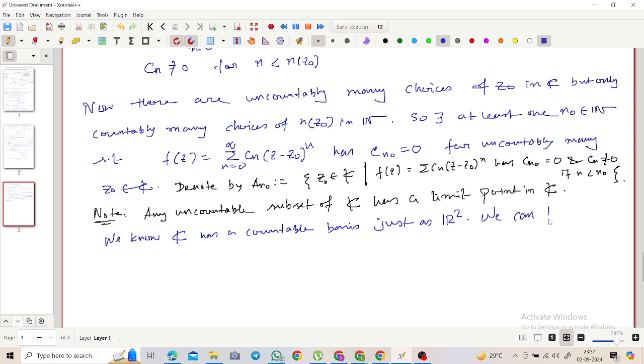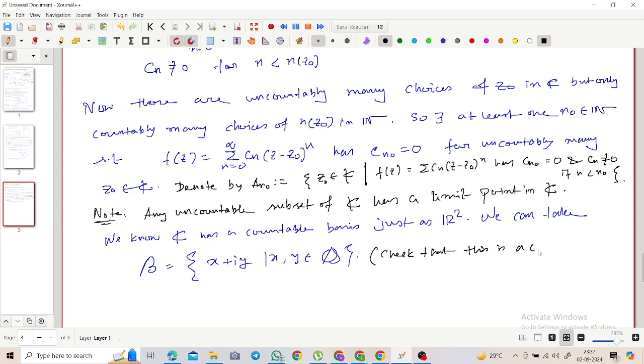We can take the basis of the form x plus iy, where x, y both belong to Q. This is a countable basis of C. Check that this is a countable basis of C.